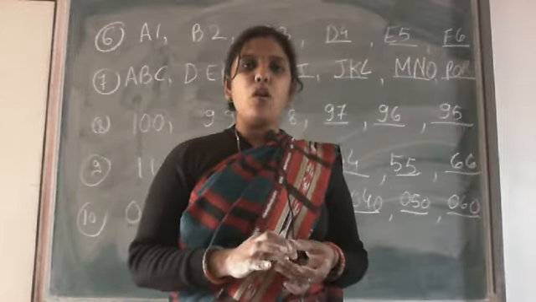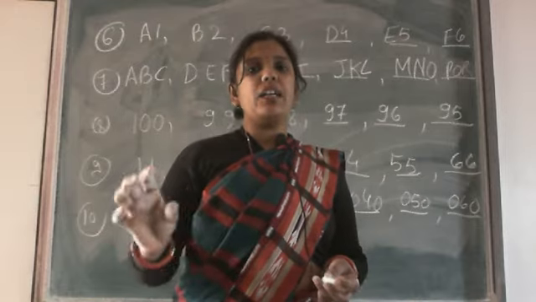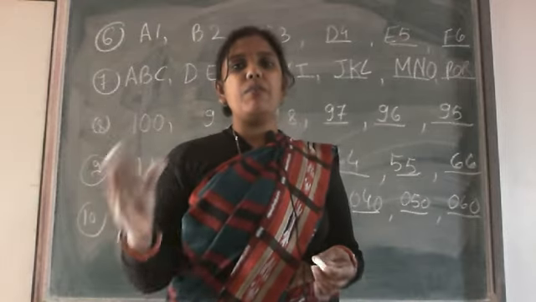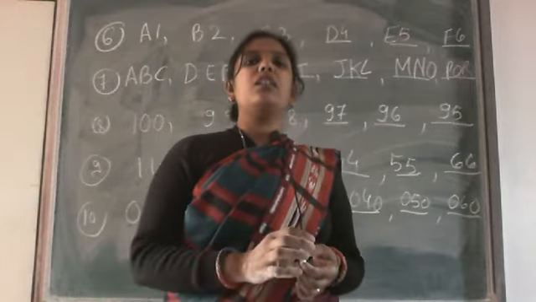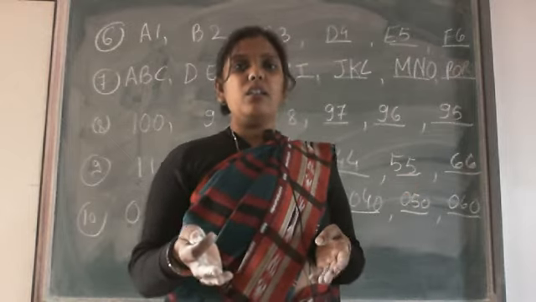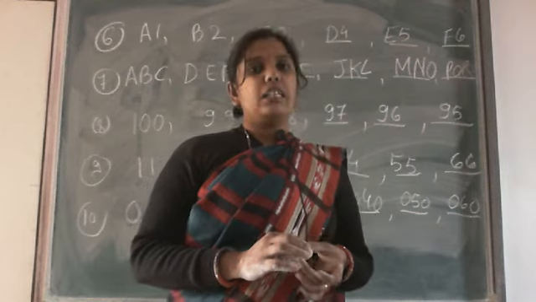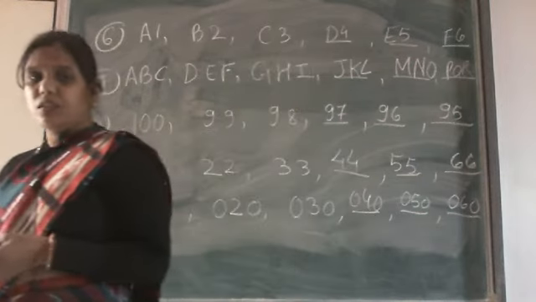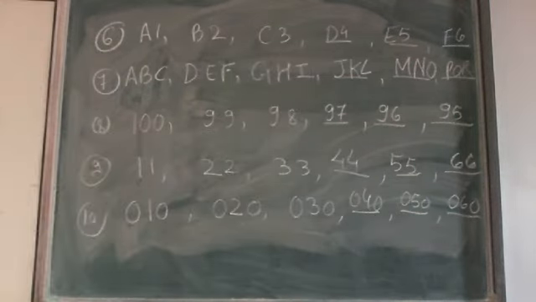So I hope all of you understood how picture patterns, number patterns, alphabet patterns can be asked. If the pattern is not given in your book, then you can do it very nicely. Okay, so do it fast. Complete your work fast. Copy correct from the board.